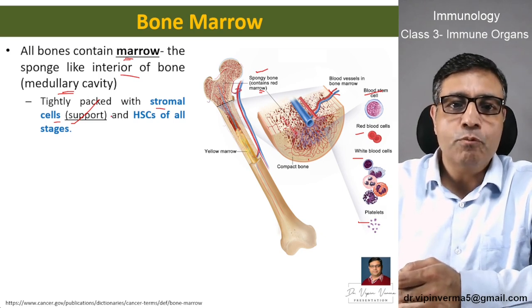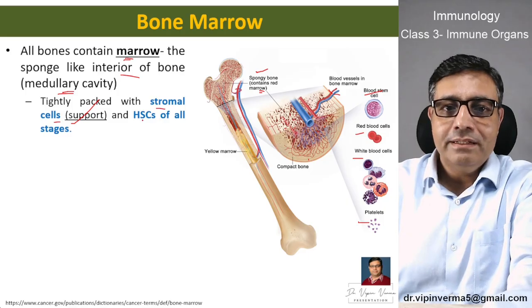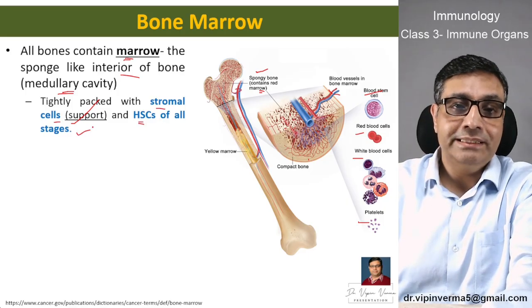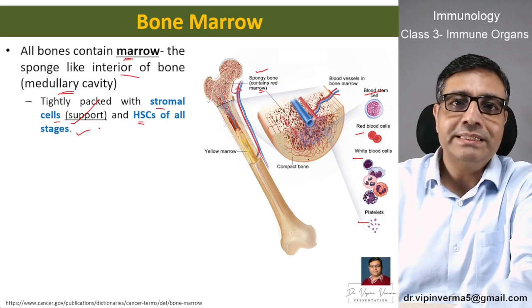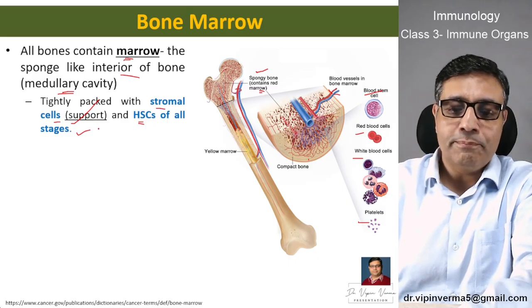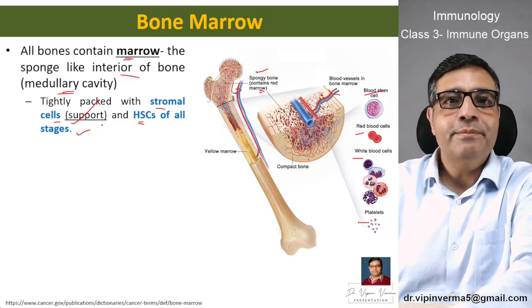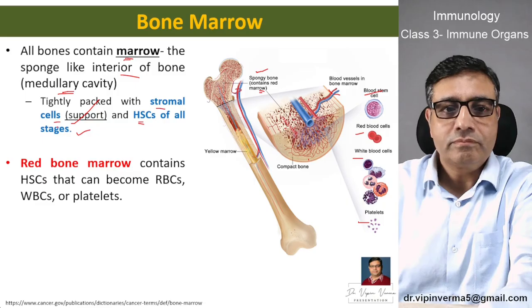So they are the supporting cells, and you will find hematopoietic cells of all the stages, from hematopoietic stem cells to the progenitor cells, then the precursor cells, and finally the terminally differentiated cells.